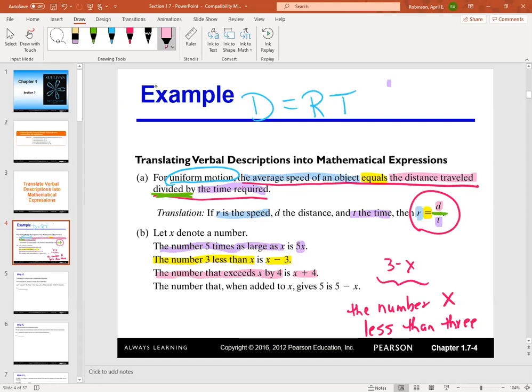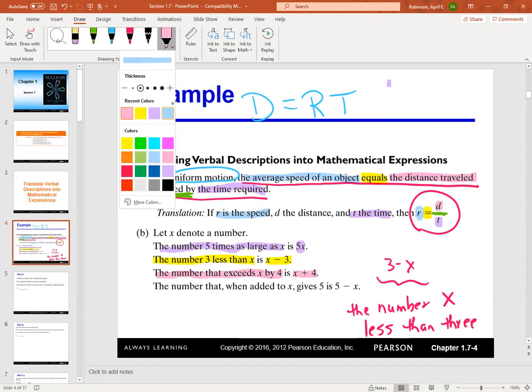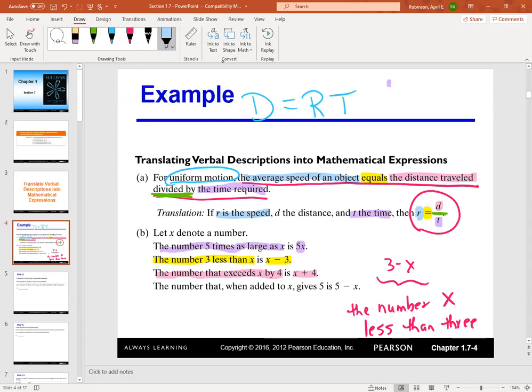And then this last one, this one's kind of funky. The number that, when added to x, gives 5. When I first read this, I'm seeing a number that, I'm like, okay, a number when added to x gives 5.